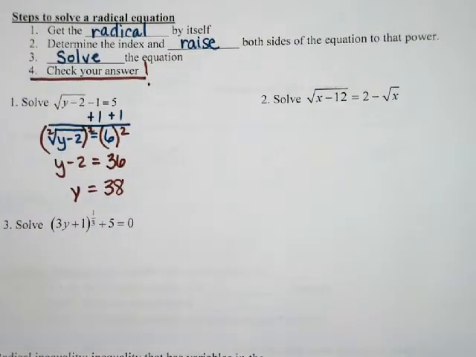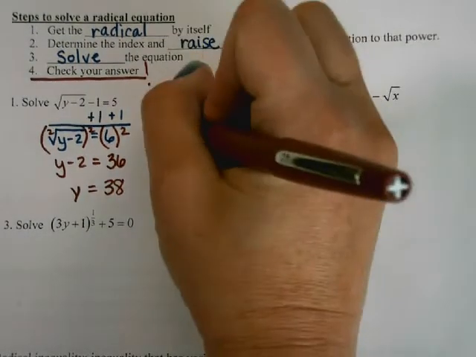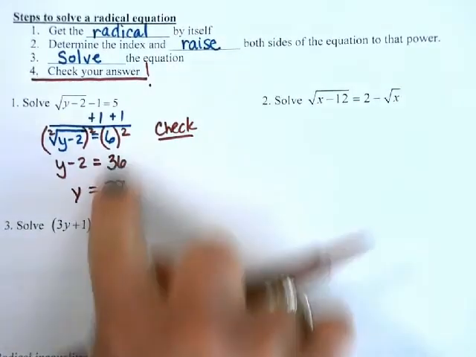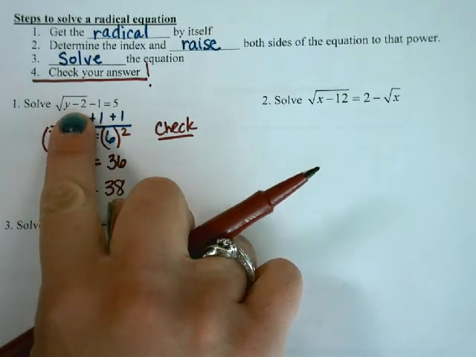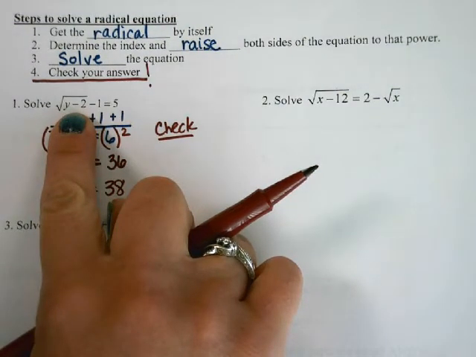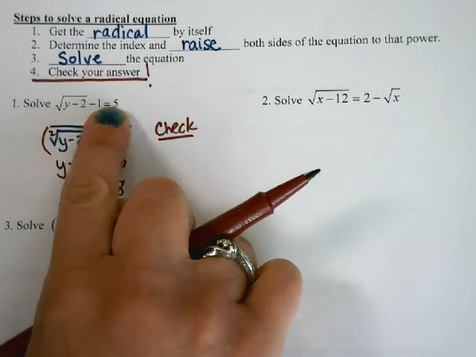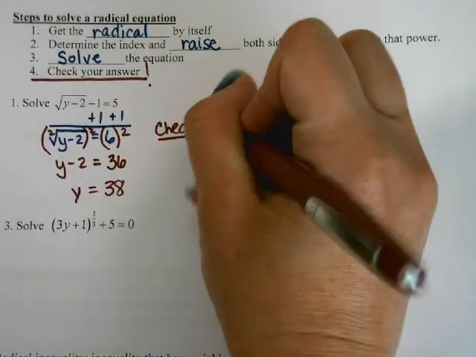Now, do you necessarily have to show me your work for checking it? No. Let's plug in 38. 38 minus 2 is 36. Square root of 36 is 6. 6 minus 1 is indeed 5. That one works.